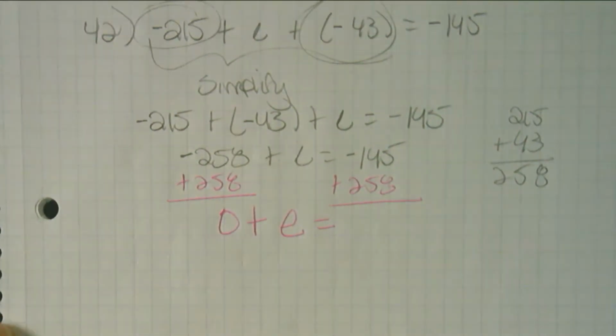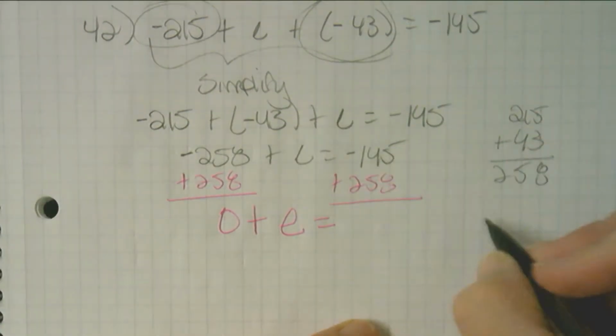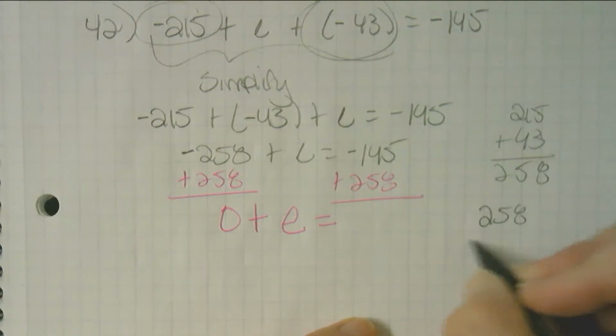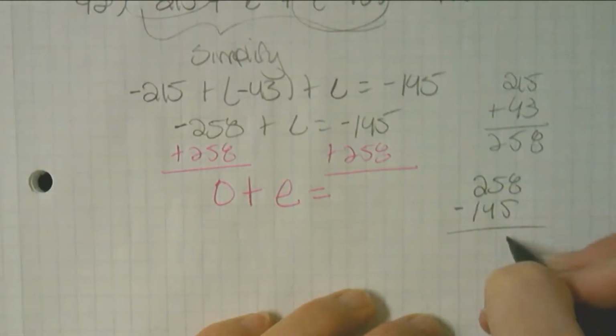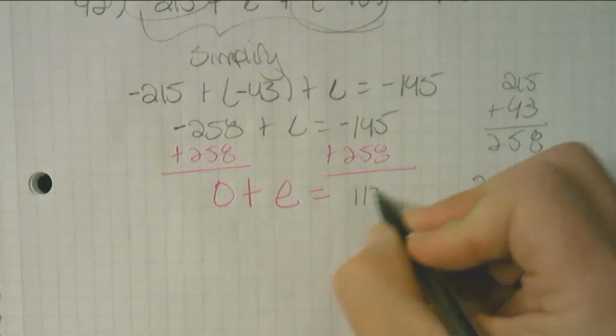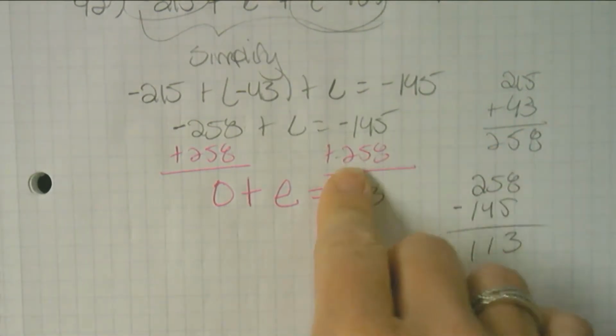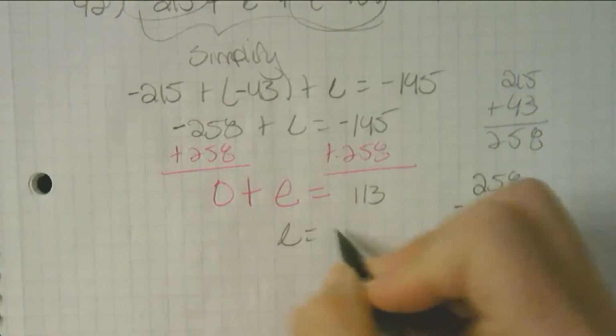I want to see that step. Here I have to subtract, because I'm adding two numbers with different signs. So I have 258 minus 145. That's a 3, that's a 1, that's a 1. So this is 113. 258 is bigger, greater absolute value, and it's positive. So E is equal to a positive 113.